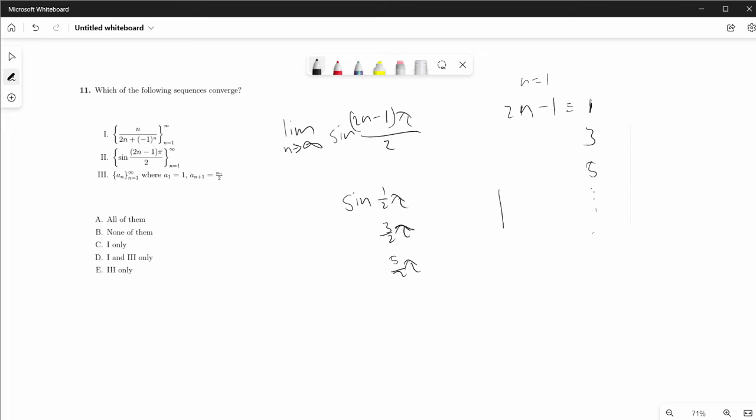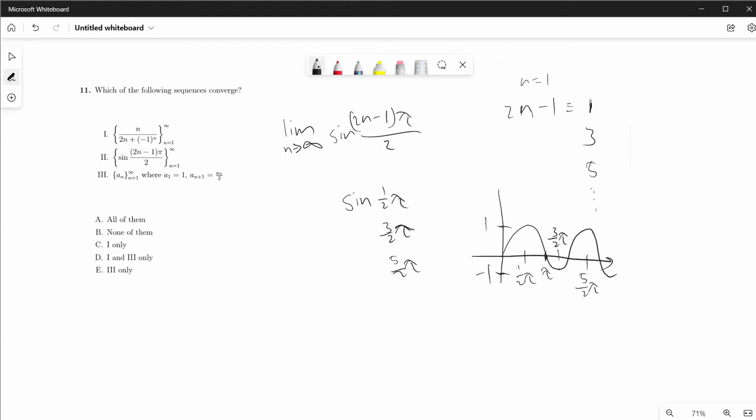If we graph the sine, for 1/2 pi, we have 1, it goes back to 0 at pi, and then it goes to -1 for 3 halves pi, and then goes back to 1 for 5 halves pi.